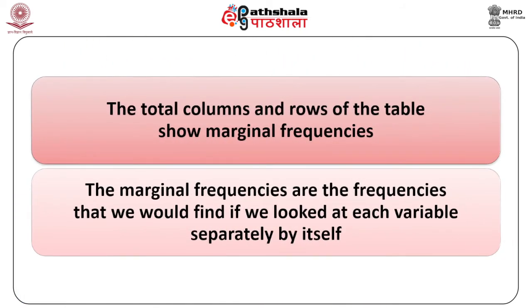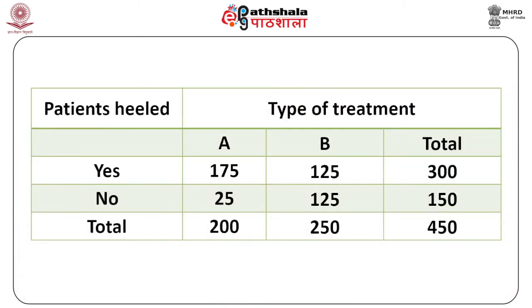The total columns and rows of the table show marginal frequencies. The marginal frequencies are the frequencies that we would find if we looked at each variable separately by itself. For example, we can see in the total column that there were 300 patients who got healed and 150 patients who didn't.